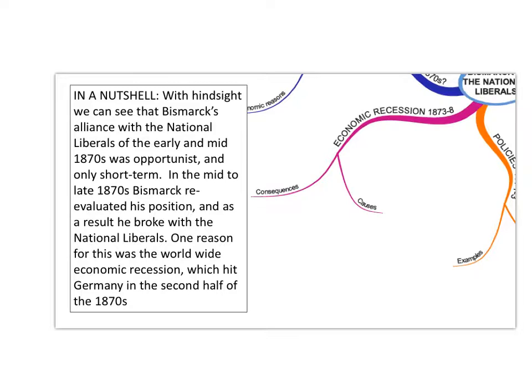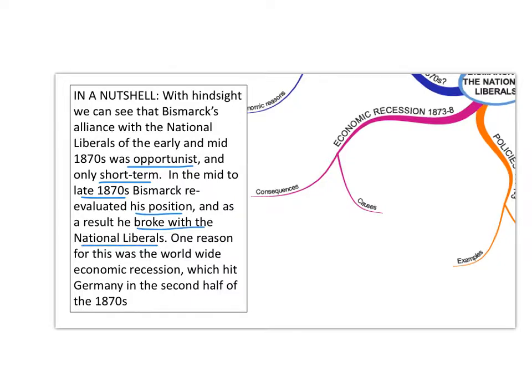In a nutshell, with hindsight, whenever we use that word hindsight, we're talking about us as historians, we can see that Bismarck's alliance with the National Liberals of the early and mid-1870s was only short-term. It was a convenient thing to do at that time, what we call grabbing an opportunity. With hindsight, we know that eventually, in the late 1870s, Bismarck rethought his position and broke that alliance.